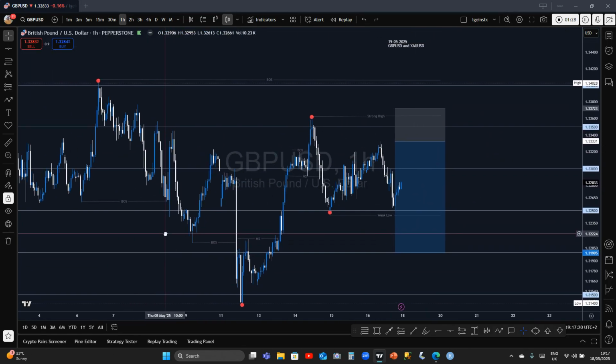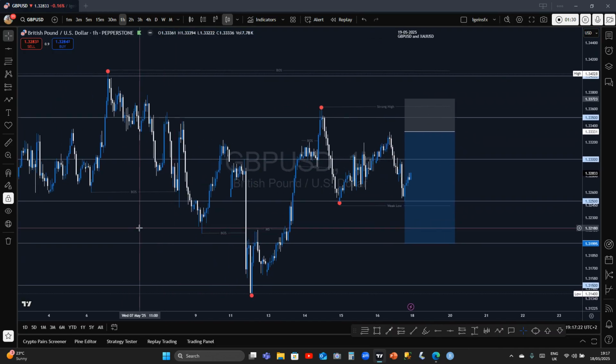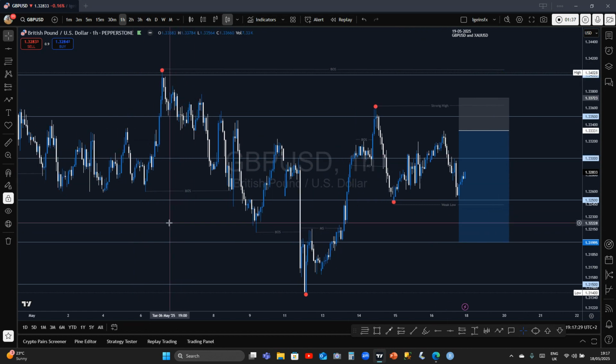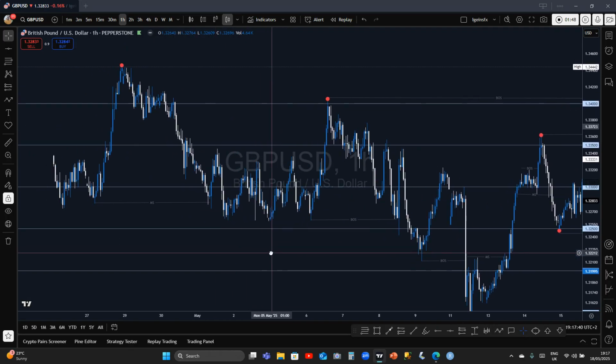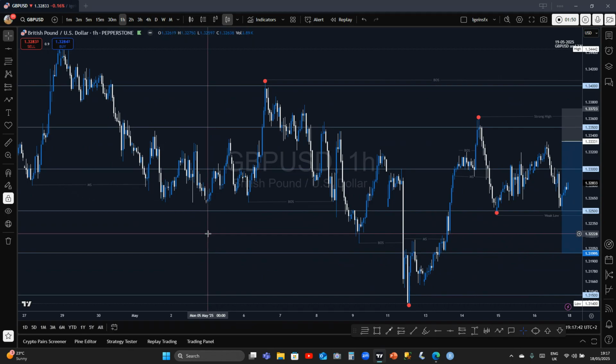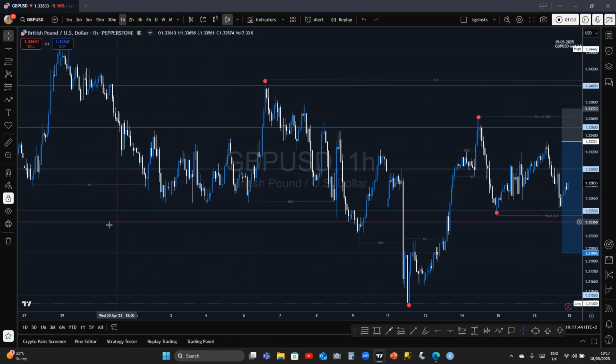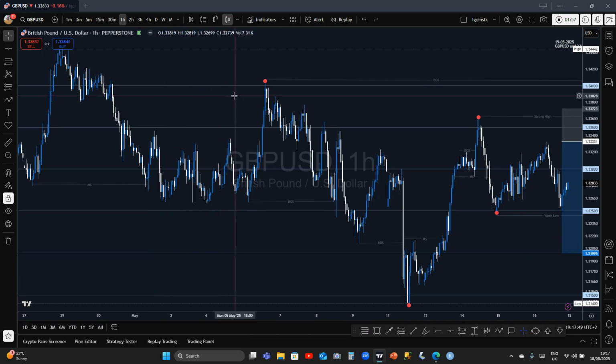Now, we know that once price action creates a high, if there's a current cycle, what do I mean by a current cycle? For example, if a trend is bullish, price will go up, get to a point, and create a high.